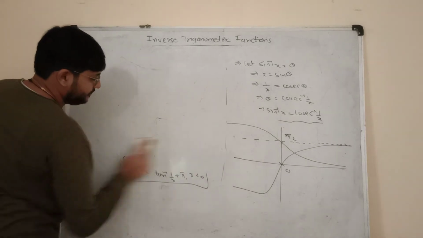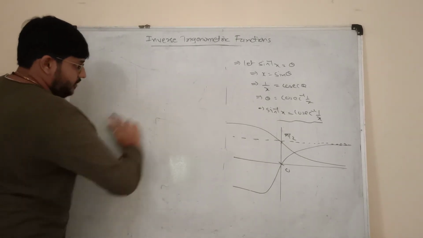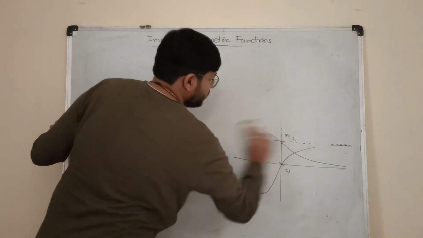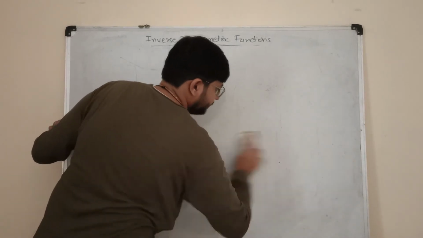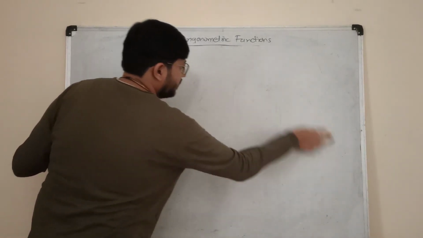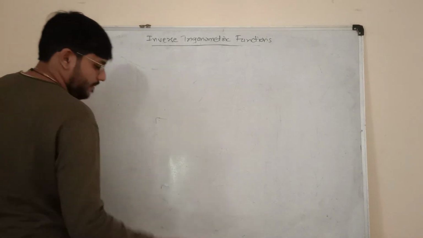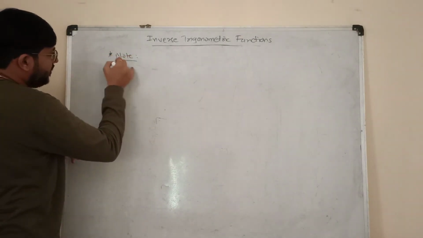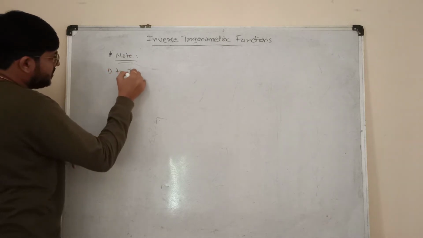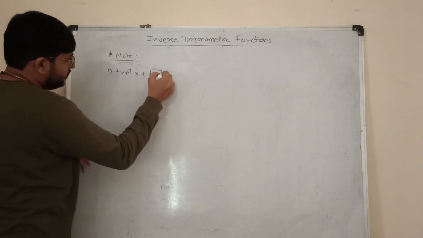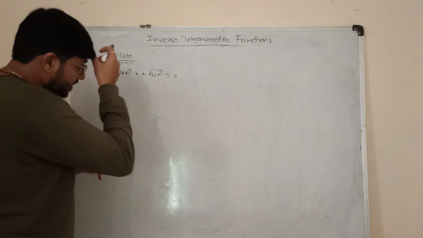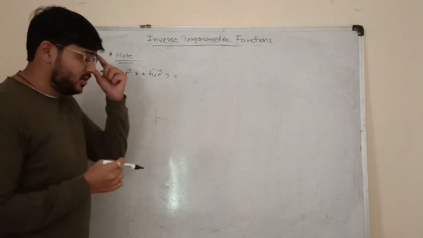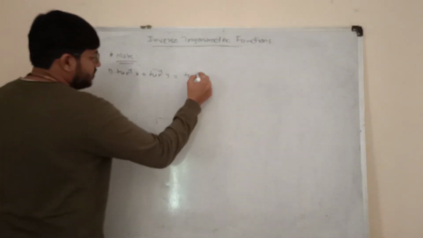Then after that, the second rule we have to apply. The next point, in which we have some rules related with addition. So if we have to find tan inverse x plus tan inverse y, there are three rules.